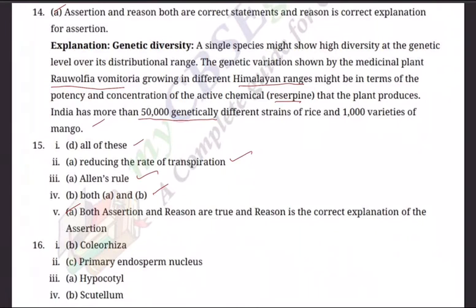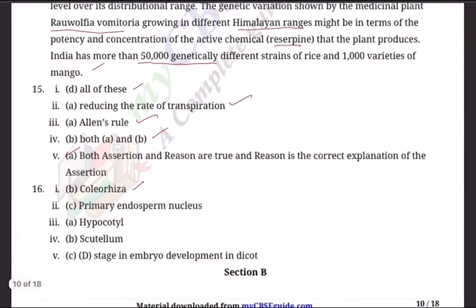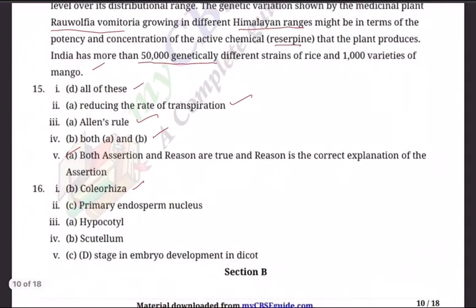Now we move on to one more paragraph, question number 16. We need to read this about the fertilization, double fertilization and all that. There's a paragraph followed by the questions. So first one is, at the lower end, the embryonal axis has the radicle and root cap enclosed in an undifferentiated sheath called coleorhiza, that is B. B is the answer.